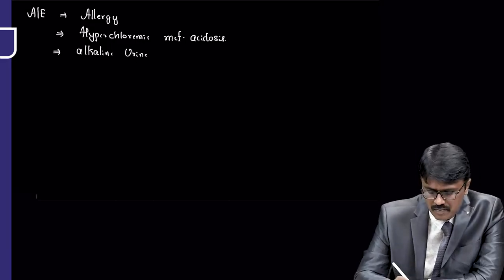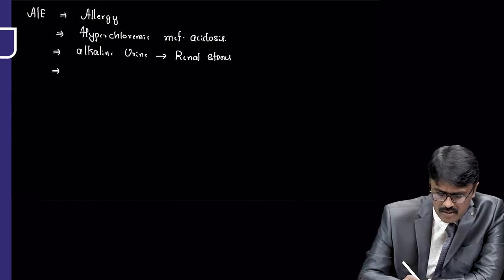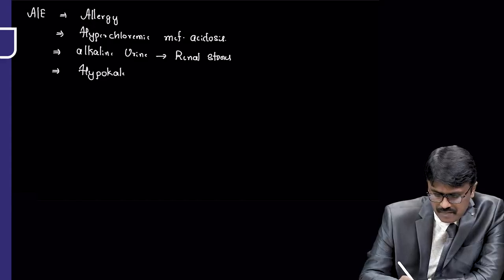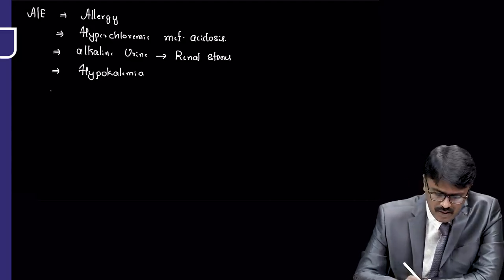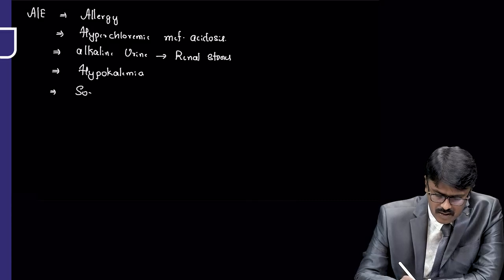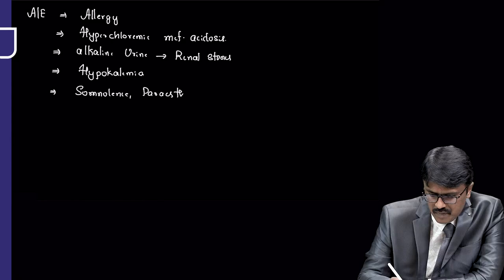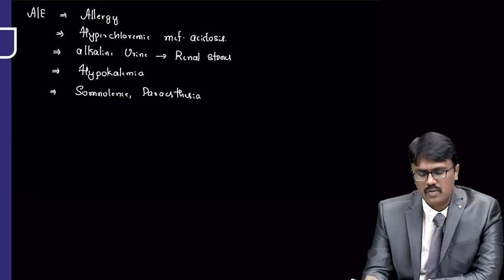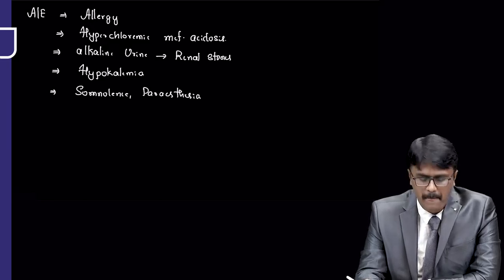So what is the problem? It will lead to renal stones. And they lose potassium, so they cause hypokalemia. Along with that, they can also produce somnolence and altered sensation, that is paresthesia. So these are the major adverse effects we are going to see with carbonic anhydrase inhibitors.